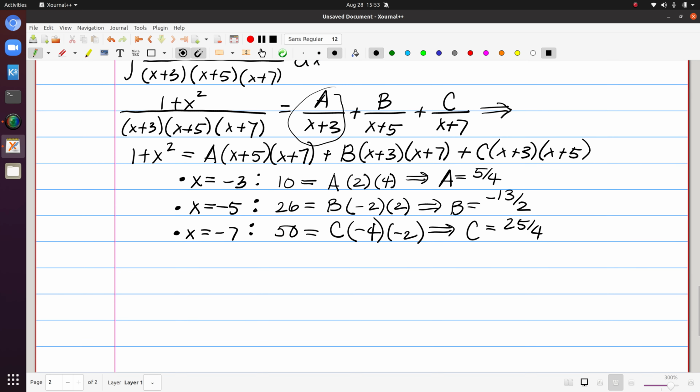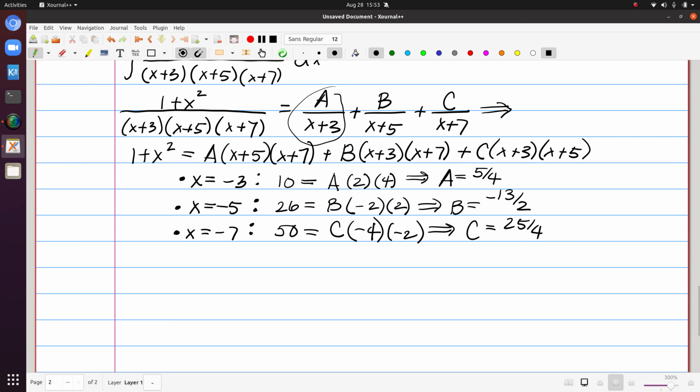So now what we're able to do is rewrite our original integral as the integral of these three pieces that we've introduced.